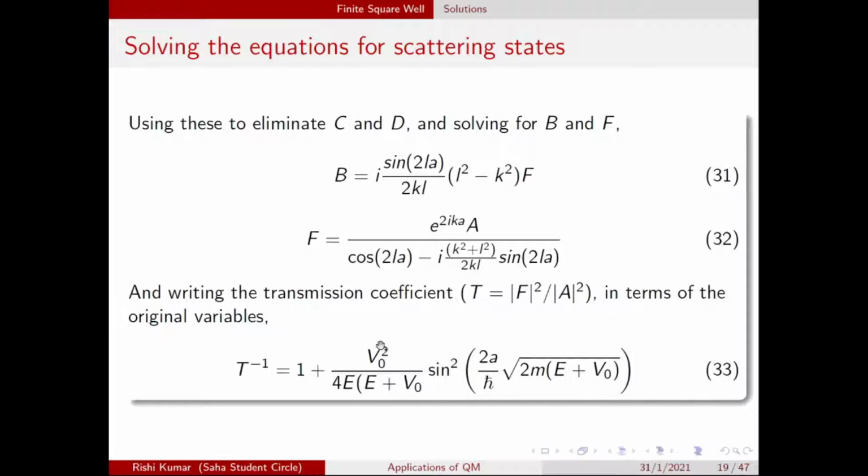We're just going to substitute F and A into this. So T inverse is simply equation 33 here. This might seem a bit complicated, and it could be because I'm not explicitly deriving this for you. But if you take a paper and pen and try to substitute this, it's very simple.